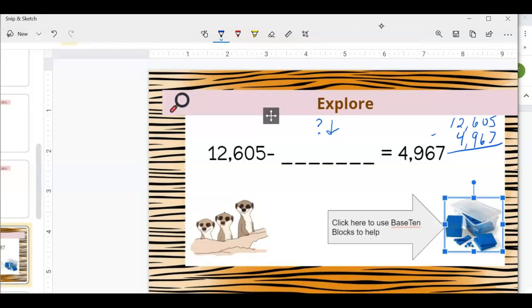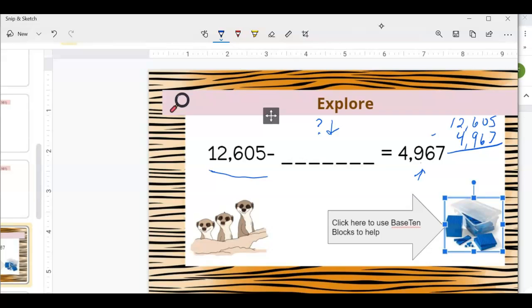Now, one simple way to figure out the answer to that, of course, you could use your base 10 blocks to build this number, and then take away how many ever that you need to get this number. Okay, so if you built this number on the left, the 12,605, and then you just took away, subtracted as many as you need to get to this number, that will give you your answer.